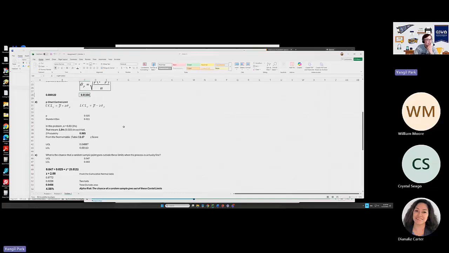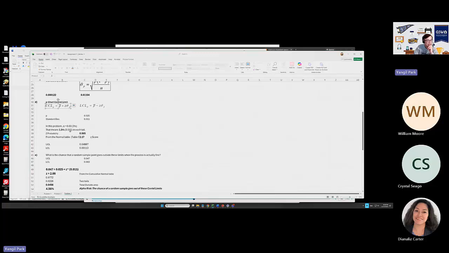Step D. Now we're going to use, again, the P-chart control limit. So the P-chart control limit, upper control limit, lower control limit, which are given. What we're going to do is just plug in again, except the z-score. So we need to find the z-score, right?